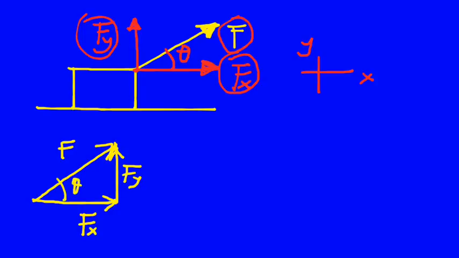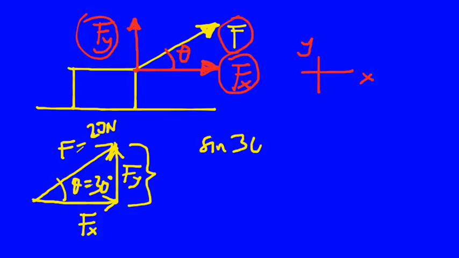Now let's suppose F is 20 Newton and the angle here is 30 degrees. If you want to get the magnitude of Fy, in trigonometry we have learned that sine 30 degrees equals Fy divided by F. So we use this relationship of sine, right?